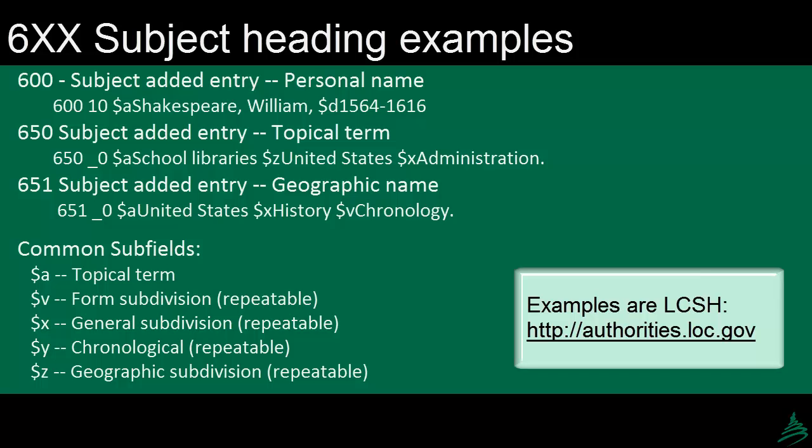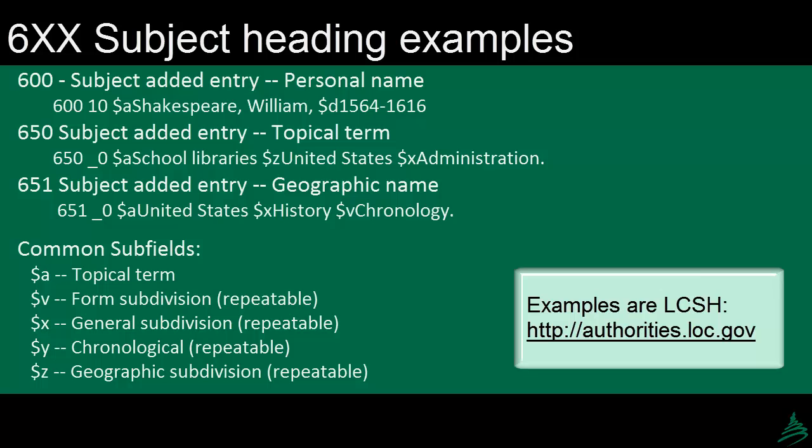In a 600, the first indicator tells us it's a name. But in a 650, that's a blank. We don't even use it. Or in 651s, those are blanks. And they mean your topical term is in your first subfield A. The form division, you'll see that with fiction or drama.